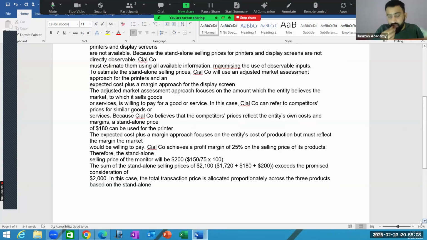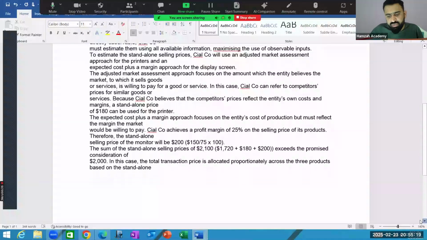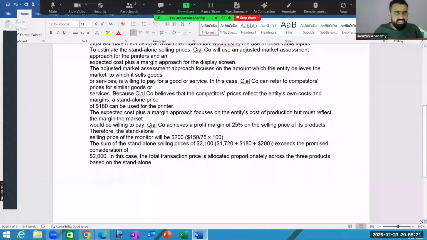And for the monitor, they are using the cost plus approach. The cost to produce a monitor is 150 and the company normally charges a 25% margin. So the standalone price of the monitor is 200. Then the total standalone price is 2100. And then using this 2100, they are allocating 2000 among the computer, monitor, and printer.